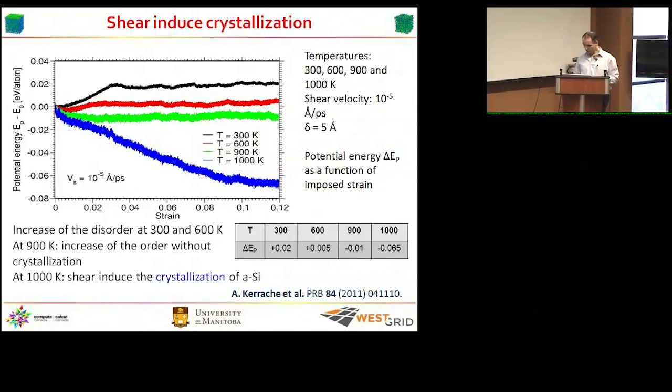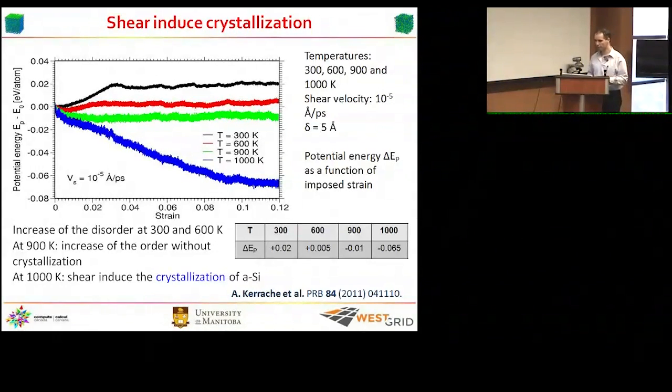If I increase the temperature to 600, the change is very low, a small increase of the potential energy. If I run the same simulation at 900 Kelvin, we see the opposite effect: instead of increasing, the potential energy decreases.